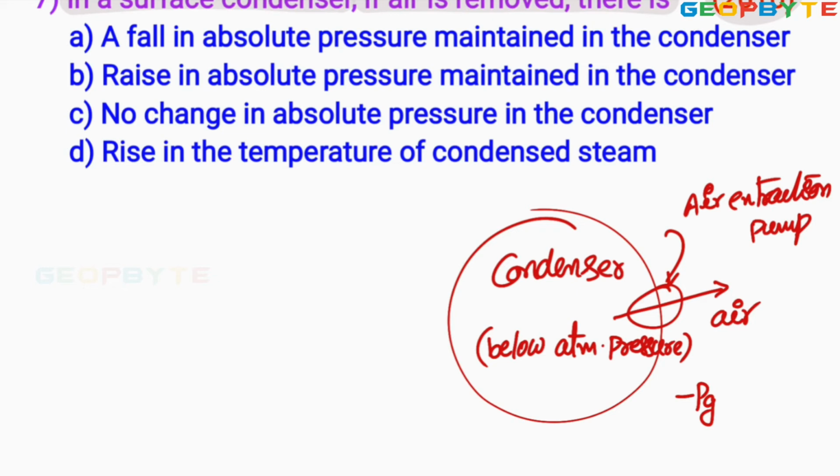Once the air is removed to outside, this negative gauge pressure is going to increase. Then what is the absolute pressure? The absolute pressure equals atmospheric pressure minus gauge pressure.